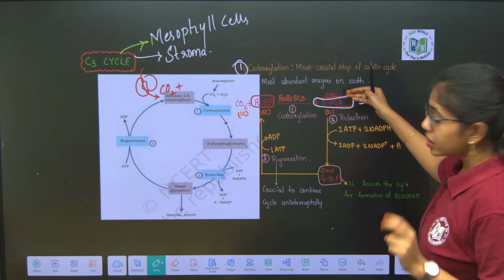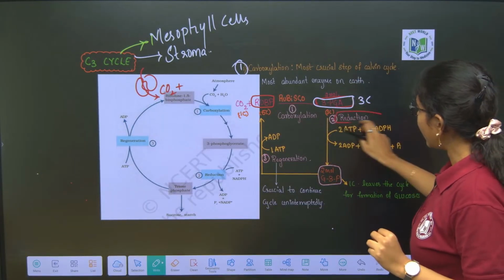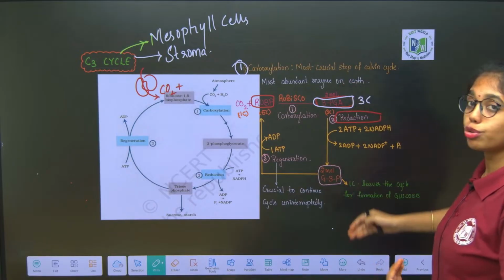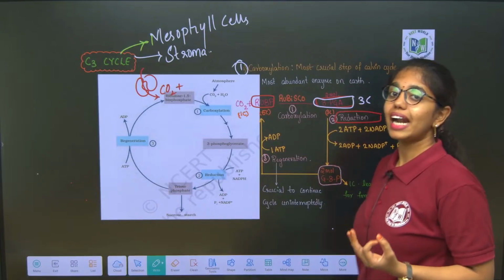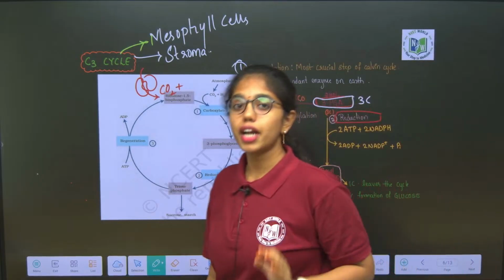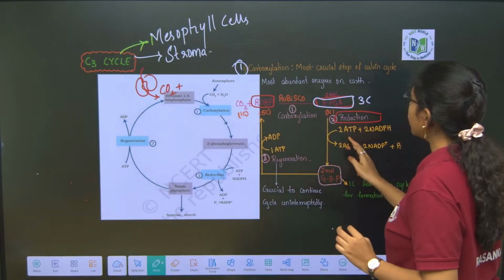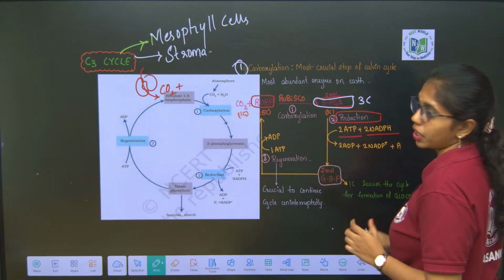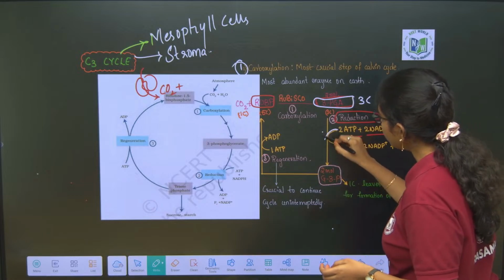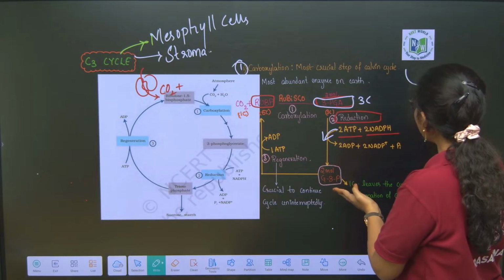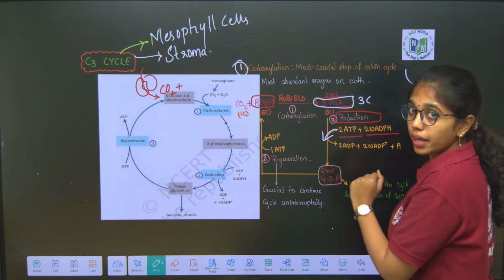Next step is what? Reduction, wherein 2 molecules of phosphoglyceric acid will be reduced to 2 molecules of glyceraldehyde 3-phosphate. For this reduction step, for every carbon dioxide molecule, it requires 2 ATP and 2 NADPH. Do remember, if the arrow is like this, then it is utilized in the reaction. If the arrow is like this, then it is released by the reaction.